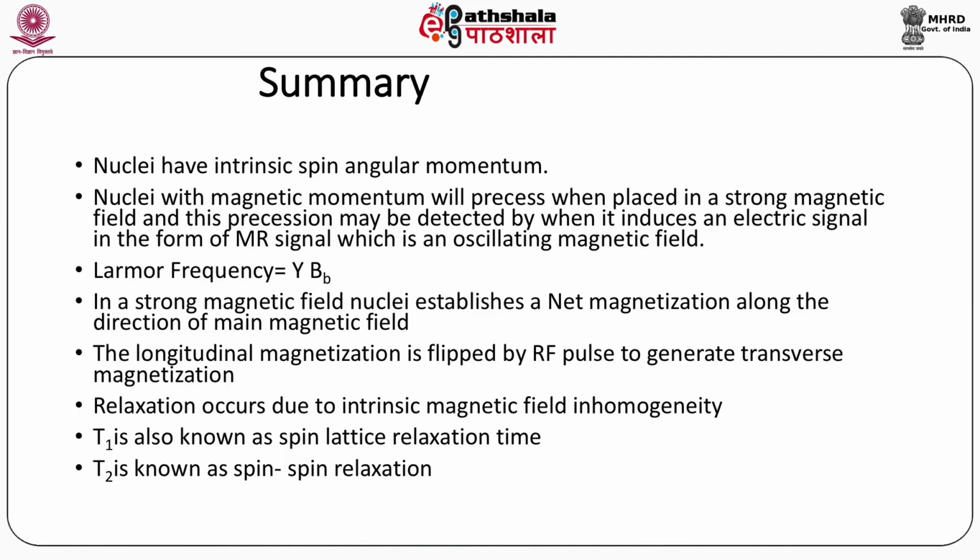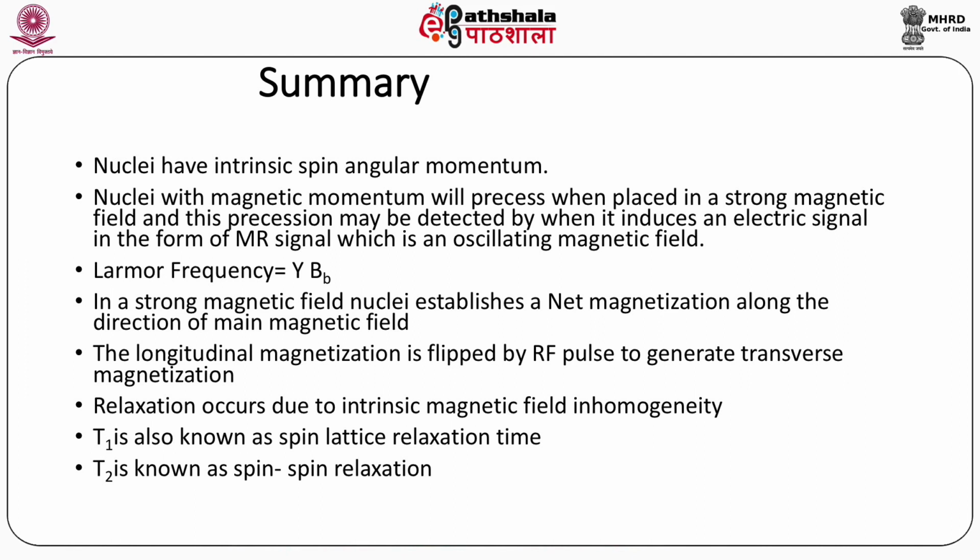Now the summary. To summarize this lecture, first of all, I told you that nuclei have intrinsic spin angular momentum. Nuclei with a magnetic moment will precess when placed in a strong magnetic field, and this precession may be detected when it induces an electric signal in the form of the MR signal, which is an oscillating magnetic field. Then the Larmor frequency is the product of the gyromagnetic ratio and B0, which is the main magnetic field.